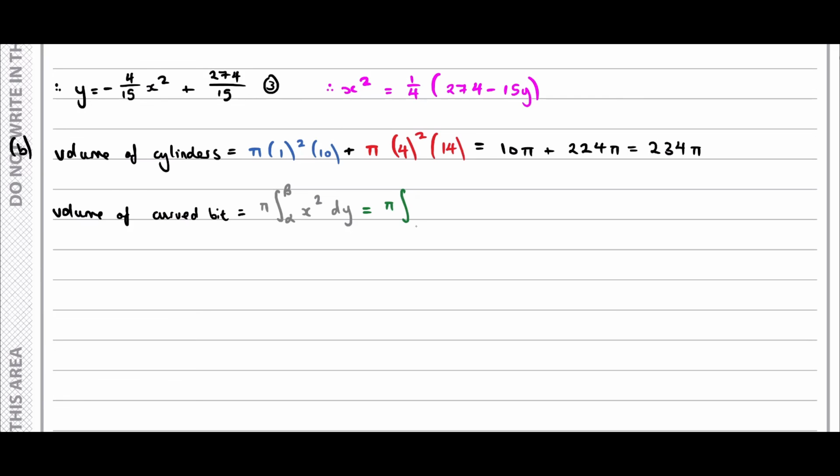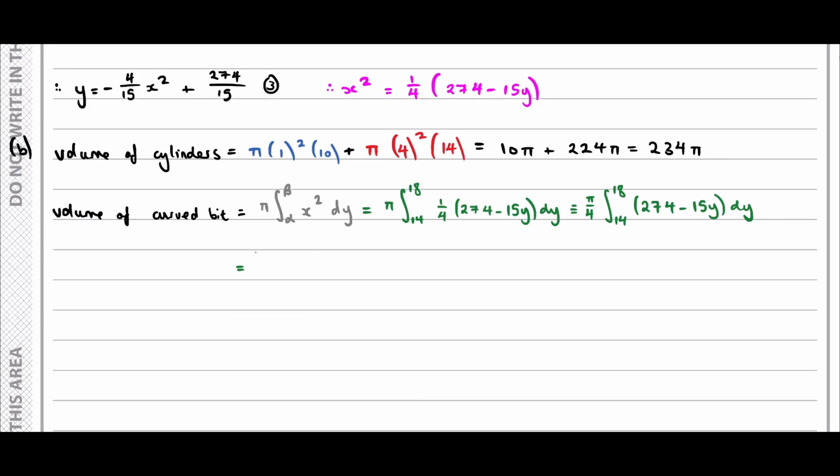We've got pi lots of the integral from 14 to 18 of 1 over 4 lots of 274 minus 15y dy. And if I take out the quarter, we have pi over 4 lots of the integral from 14 to 18 of 274 minus 15y dy.